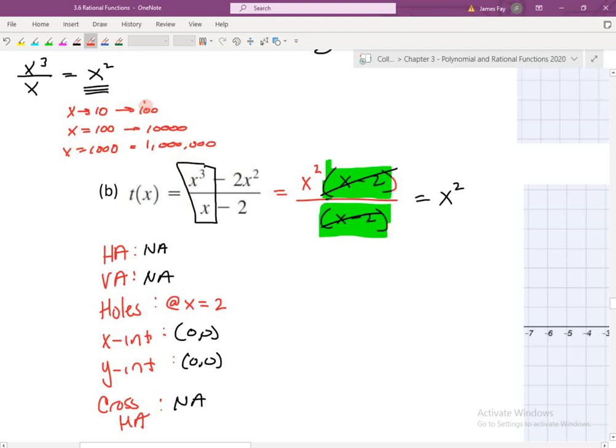So are these values approaching something specific? Are they converging to one number? They're getting bigger and bigger and bigger, right? So they're increasing without bound, so they don't have a horizontal asymptote. If we would have a horizontal asymptote, these numbers would approach one specific value.